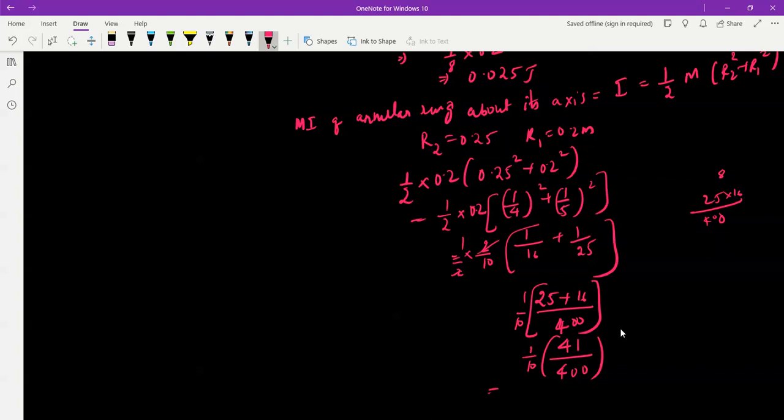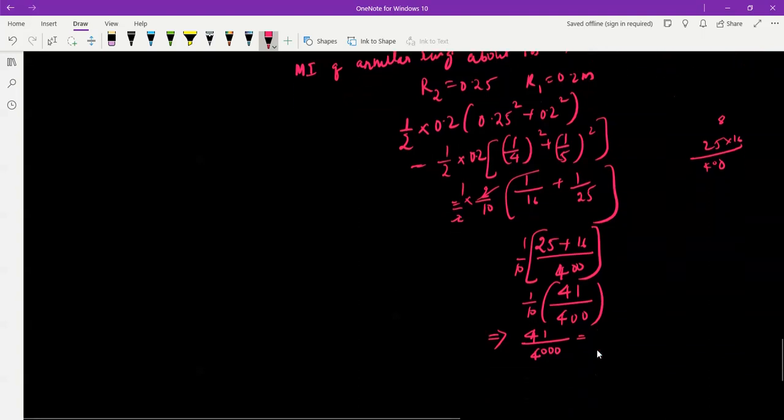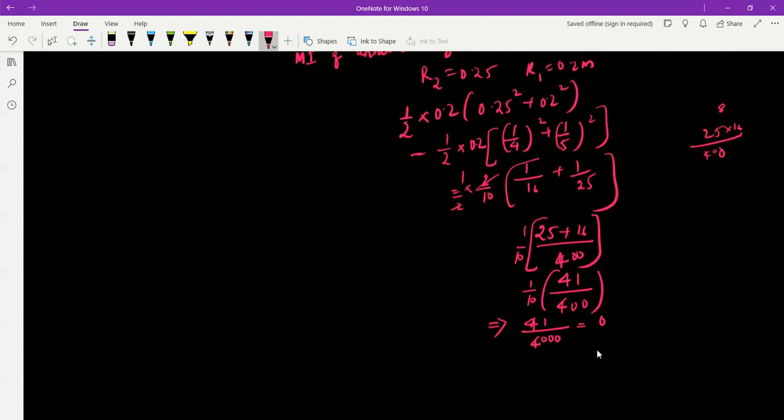So 25 plus 16 is nothing but 41 divided by 400 into 1 by 10. So how much will you get? 41 by 4000. What is the answer? 0.010... right? Correct?